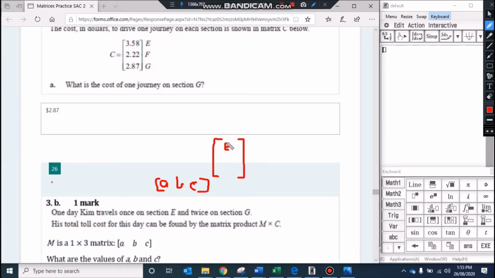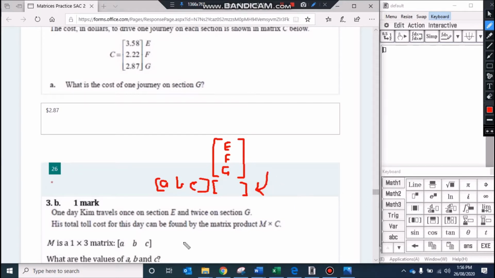I might just do the letters rather than the numbers. That's a bit easier for me. So E, F, and G. That's our matrix there. So we want to find out what is the total cost. Well, this matrix product, M times C, is going to be a 1-by-1 matrix, but I want to know what's actually going on here.